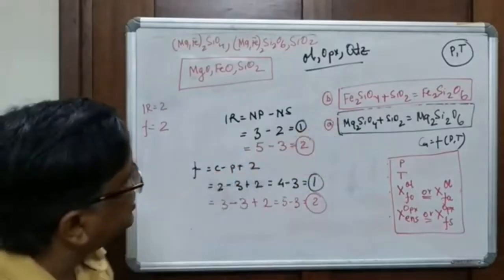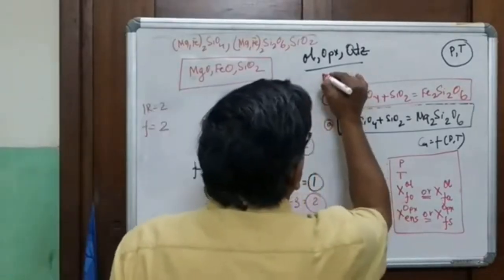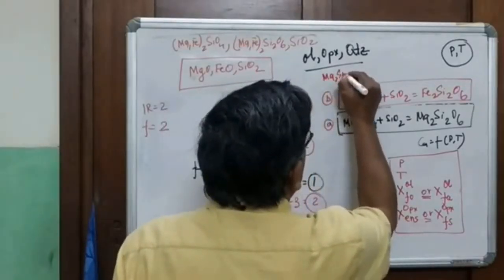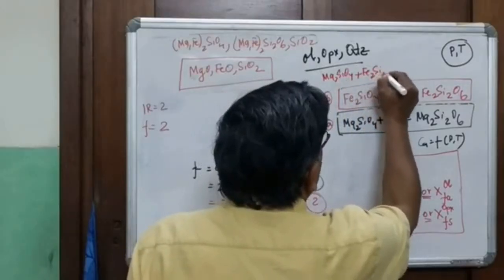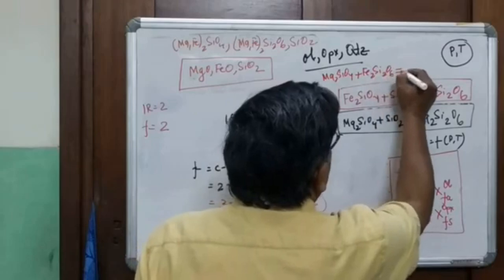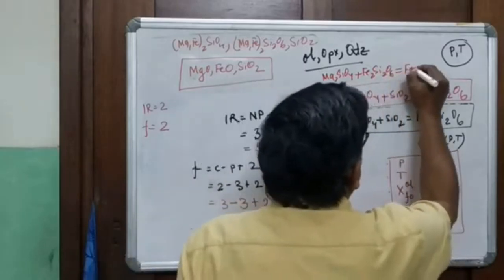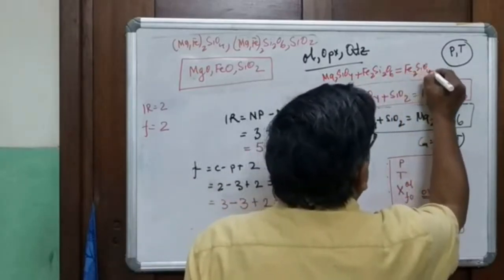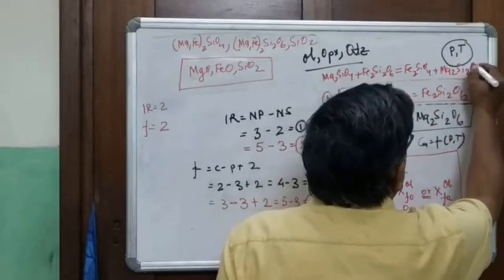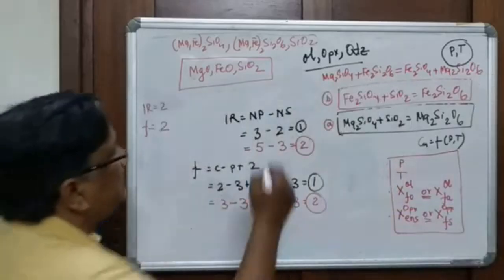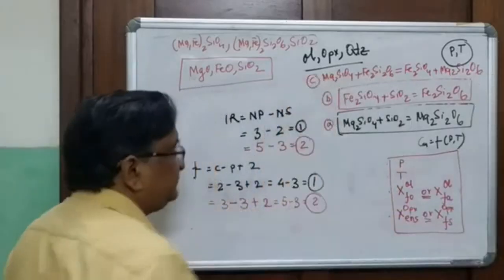Then what will be the reaction? You see here, Mg2SiO4 plus Fe2Si2O6 is equal to Fe2SiO4 plus Mg2Si2O6. You see, this is your reaction C.